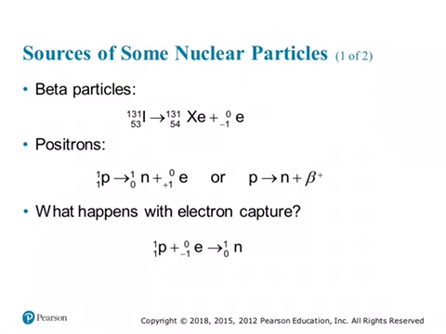And when that happens, a positron is also released. And it can be written two ways there. With electron capture, what's happening is when an electron is taken in by the nucleus, it unites with a proton and forms a neutron.